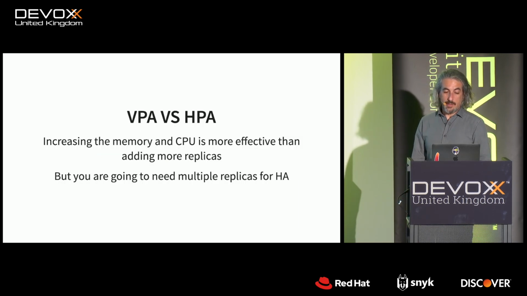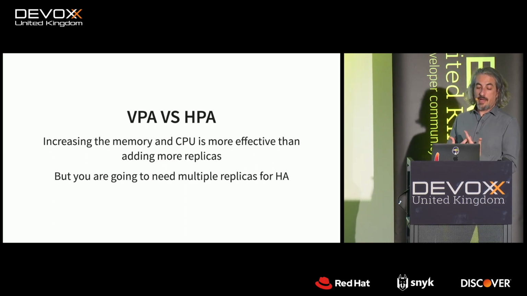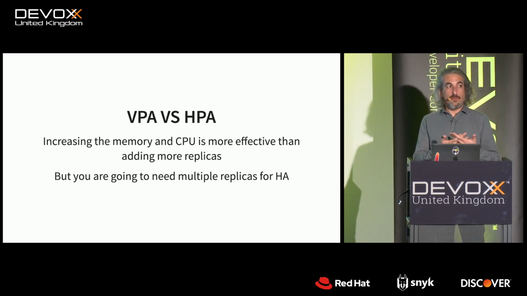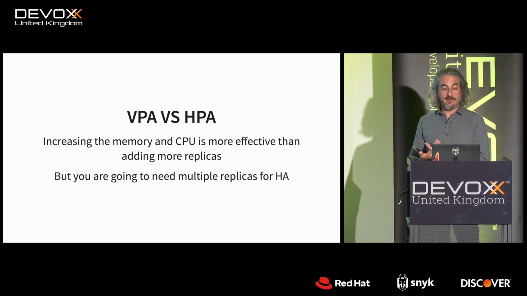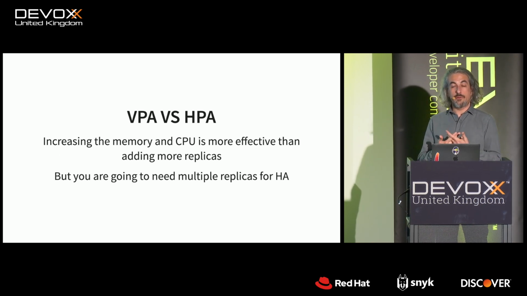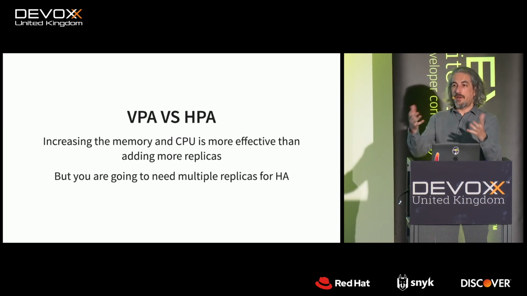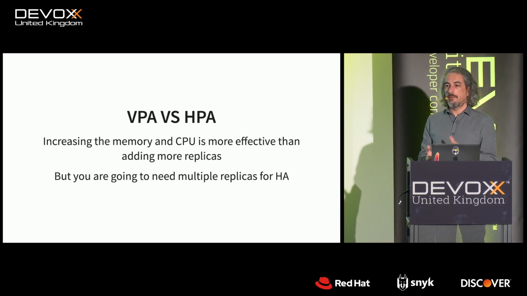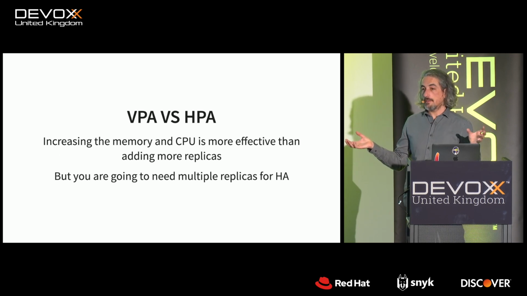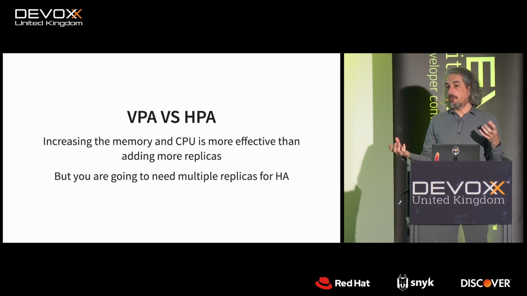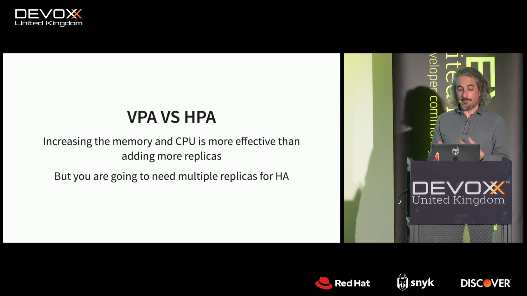And so VPA versus HPA: for a Java application, it's better to increase the memory and increase the CPU. You have a bigger machine, a beefier container, and that's going to give you better results than creating many replicas, because of all the overhead that you have for each replica.